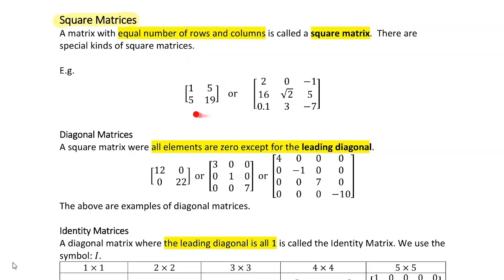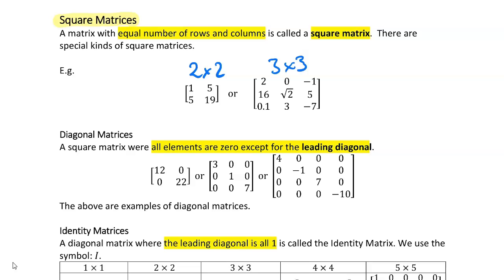Basically, this one is a 2x2 square matrix. Very common matrix, we use it a lot. This next one is a 3x3 matrix. These are both square matrices because they have the same number of rows as they do columns. So 1, 2, 3 rows, 1, 2, 3 columns.